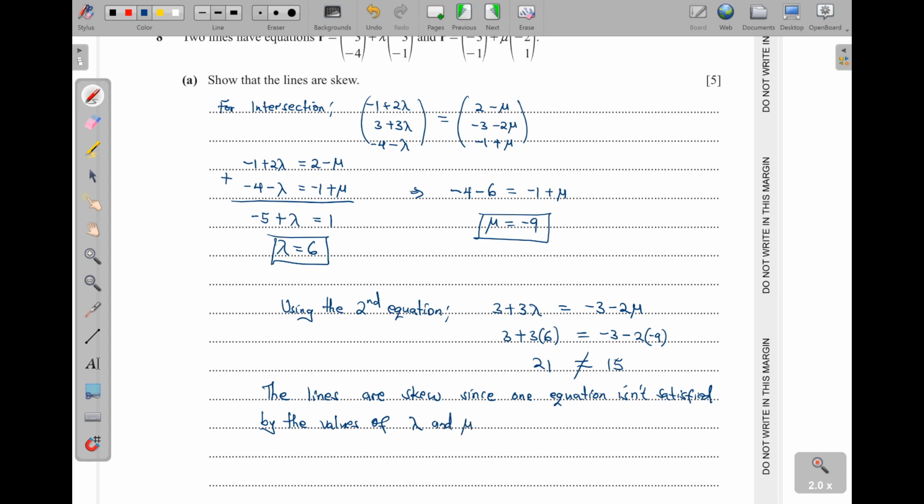Okay, and the directional vectors are not scalar multiples of each other. So lines are not parallel.